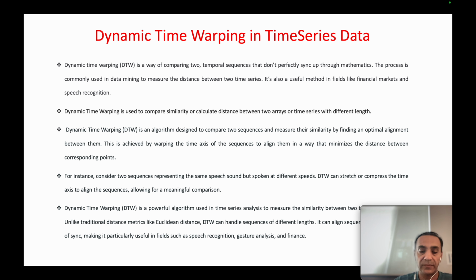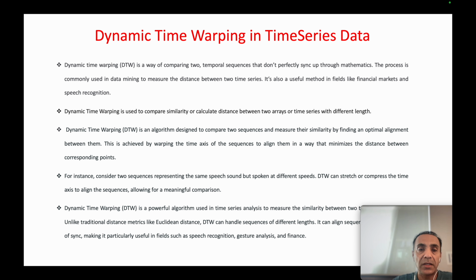For example, when we want to say some sentences or awaken our gadgets at home like Amazon Alexa, we can say the same sentences at different speeds. Amazon Alexa, under the hood, does use dynamic time warping to compare who is speaking. So dynamic time warping is used to compare similarity or calculate distance between two arrays or time series with different lengths.